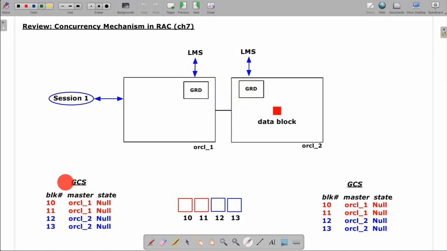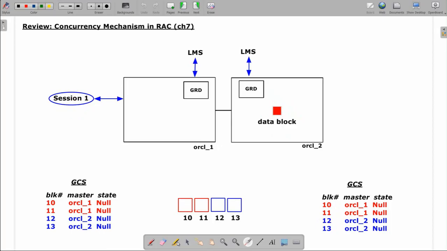Suppose that this is a global cache service example, okay? Two blocks are owned by instance 1 and two blocks are owned by instance 2. From session 1, I'm looking for one database block here, and this database block is owned by the second instance, for example. So what does this session do?